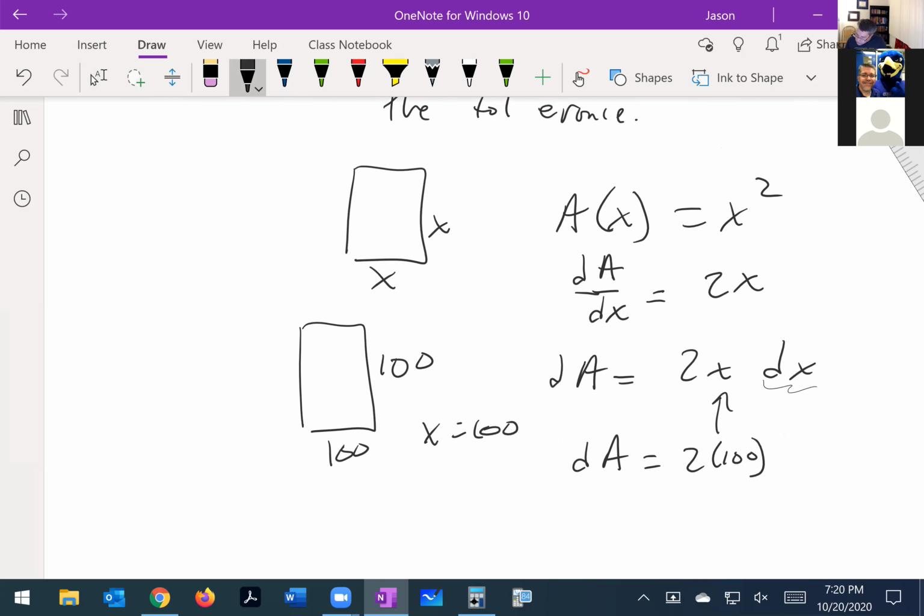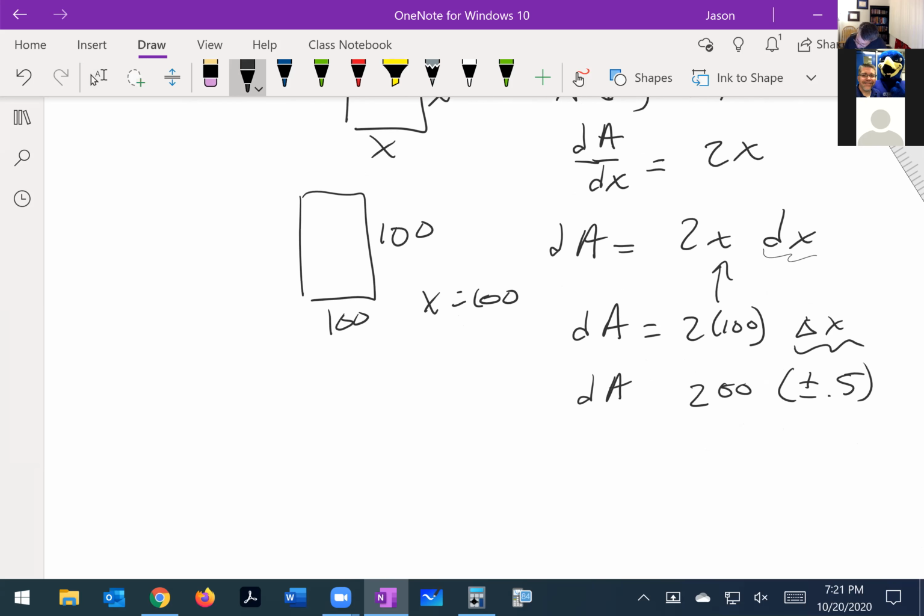And what's dx? dx is delta x, which is the change in x. How much is x changing? Well, that's the tolerance, and it's changing by plus or minus 0.5. So this is 200 times plus or minus 0.5.